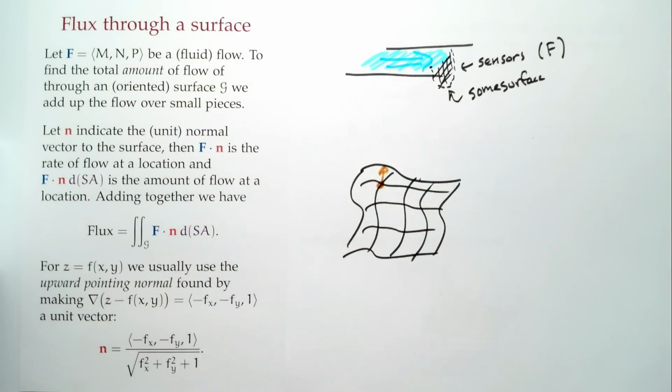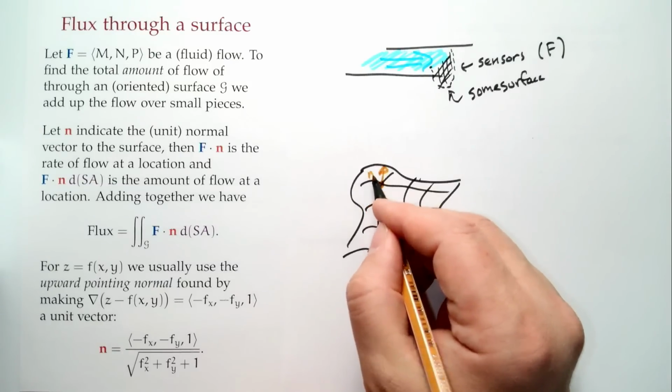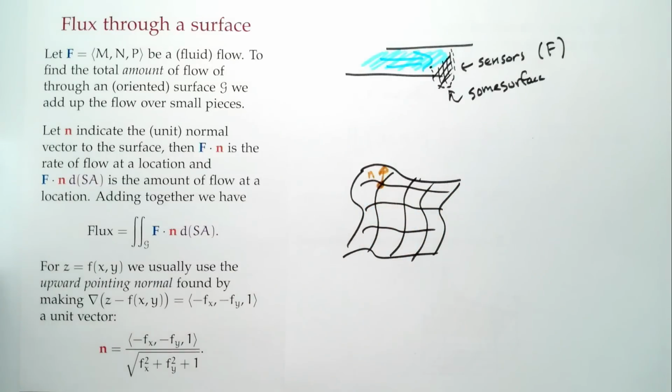So when I talk about the normal vector, that's something which is perpendicular to the surface. So why do we need the normal vector? Well, when I'm looking for an amount, I'm not looking for a vector. So the amount of flow is going to be a number. So I need to convert that vector information about the flow into a number.